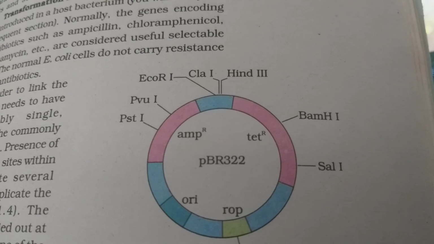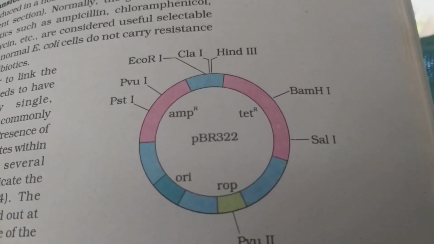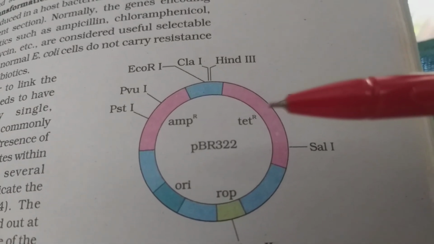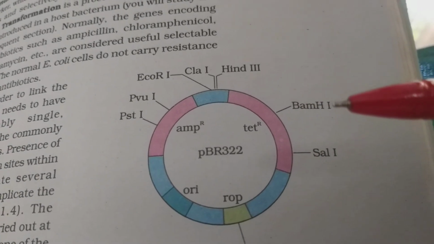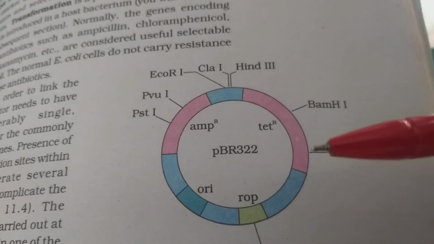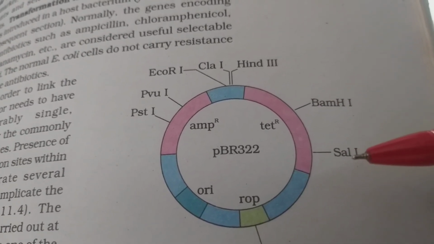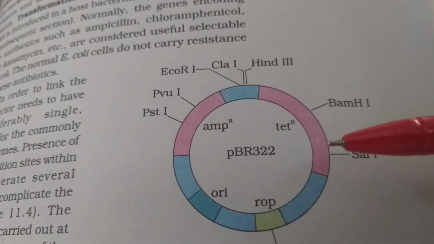The alien piece of DNA or the desirable DNA must be linked at one of the restriction sites, either BamHI or SalI, present within the antibiotic resistance gene.